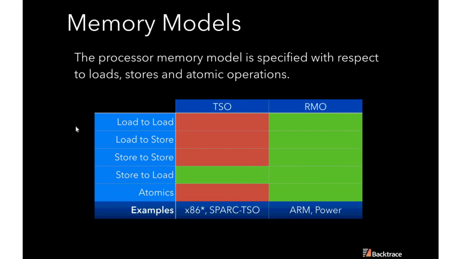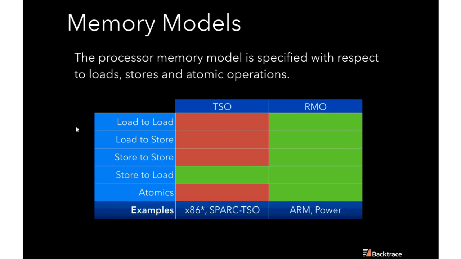Different architectures have different ordering guarantees. So TSO architectures, that's x86, SPARC has a TSO mode. I believe ARM v8 has a TSO mode as well. They don't reorder anything except for store to loads, and they provide ordering guarantees on atomics.